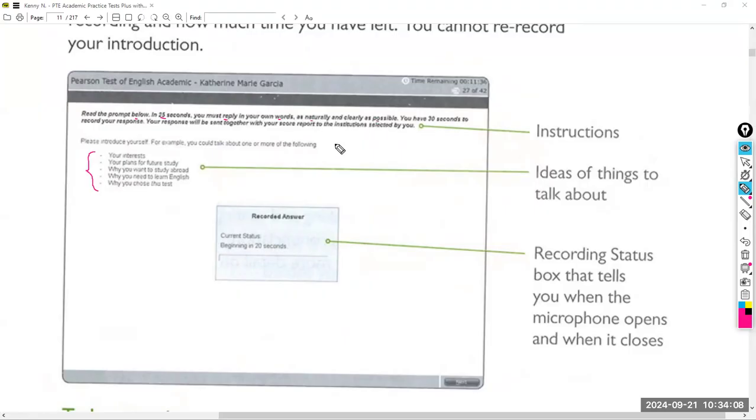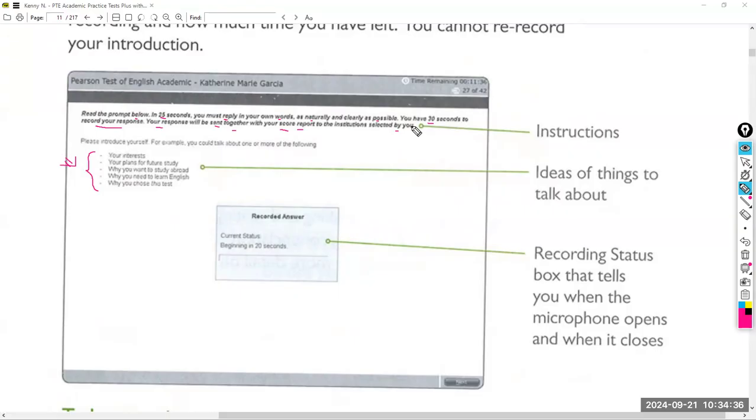Absolutely, I have to speak naturally. Now I have 30 seconds to record myself. Your response will be sent together with your score report to the institutions selected by you. So these are the questions that you have to answer in task number 1, which is about personal introduction.